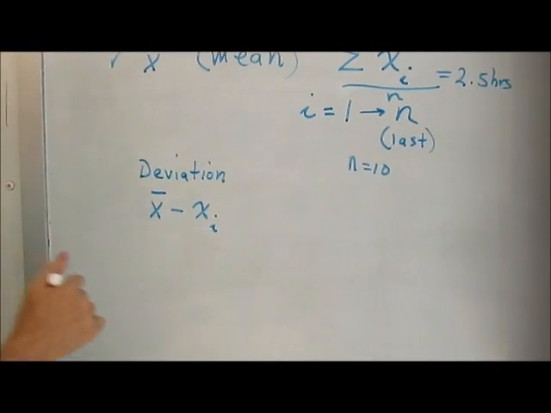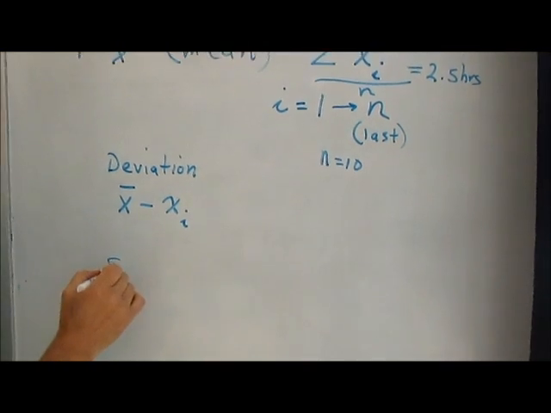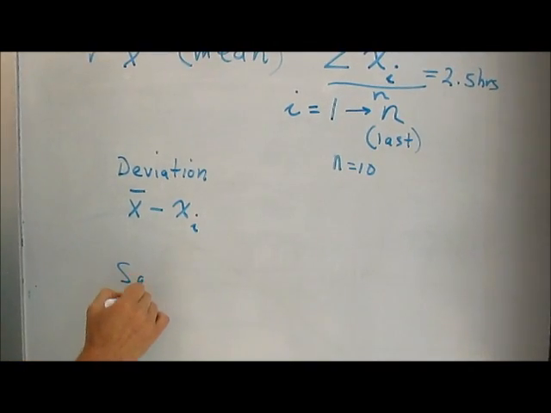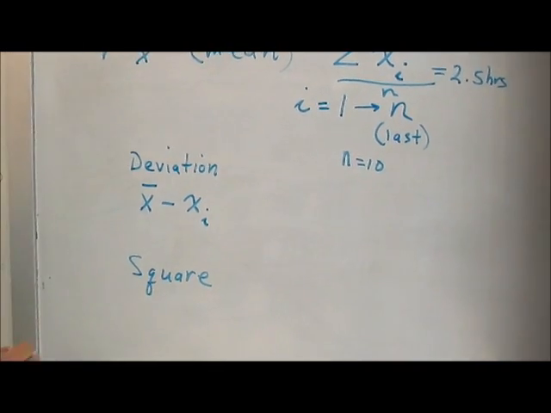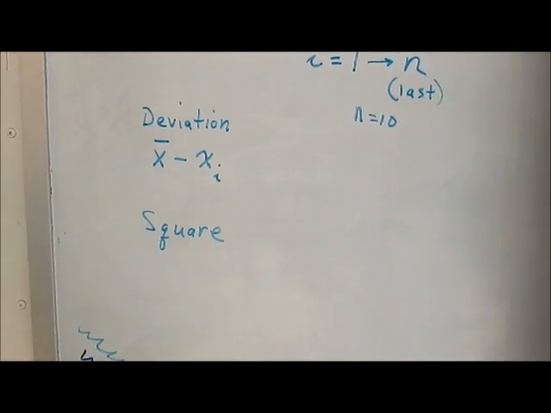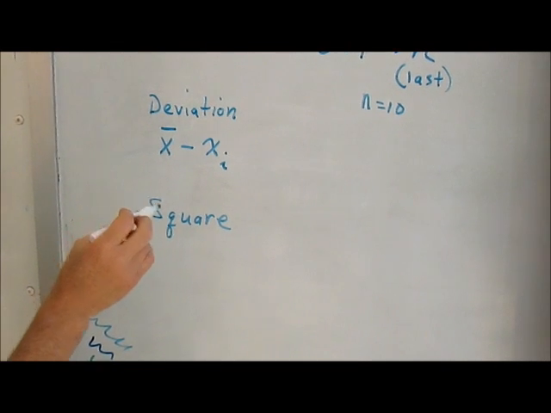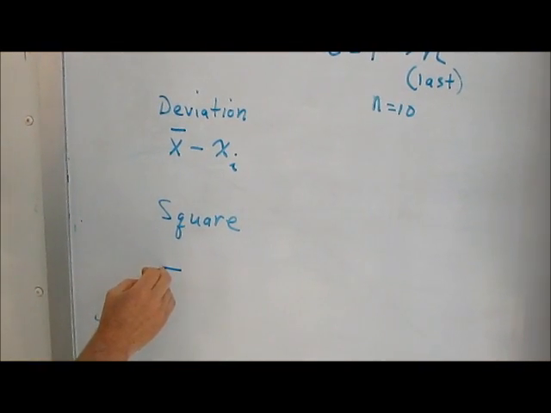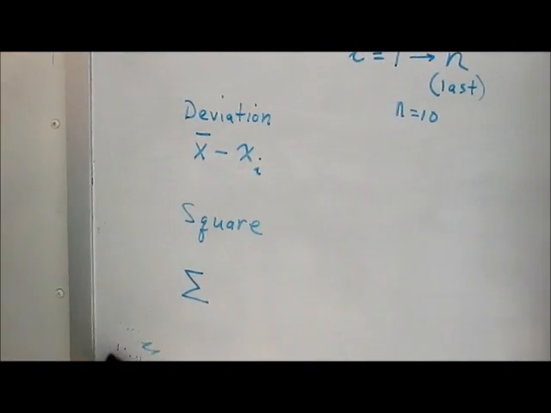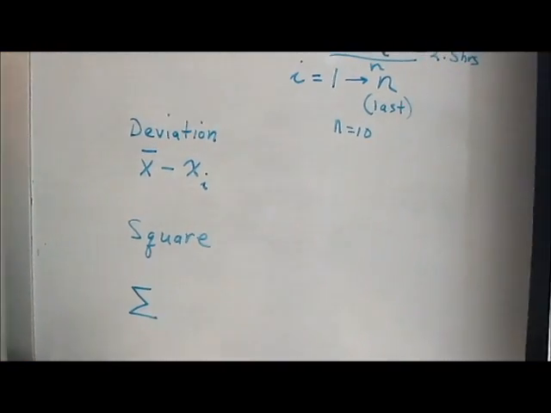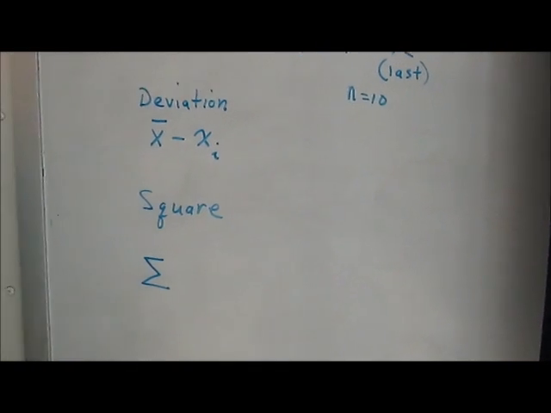The other ingredient I need, and I'll come back to deviation in a second, is a square. The other ingredient I need, we've already talked about this, is a summation. I need to add up some numbers. So far, not too difficult, huh?